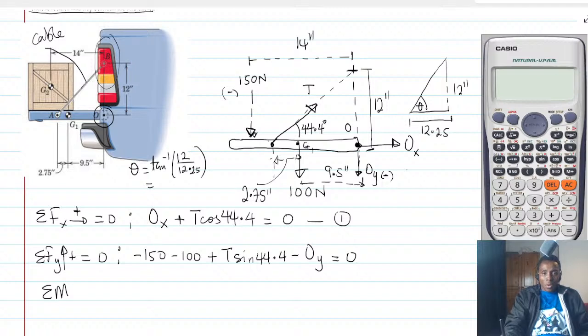So we can sum moments from either point A, or we can take moment from O, depending on what we want to do.